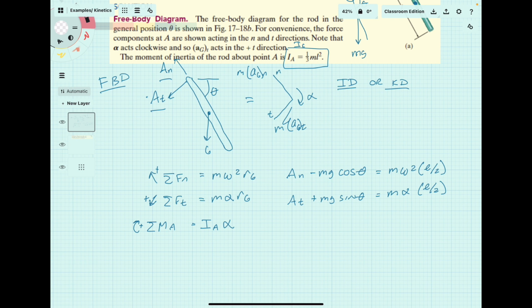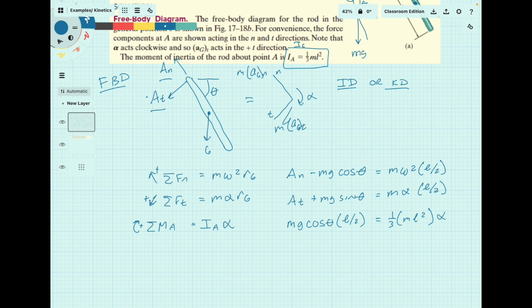Then our moments here, we're going to have weight itself is just going to be mg cos theta is causing a moment at length L over 2, is equal to, our inertial term is 1/3 ml squared times alpha.